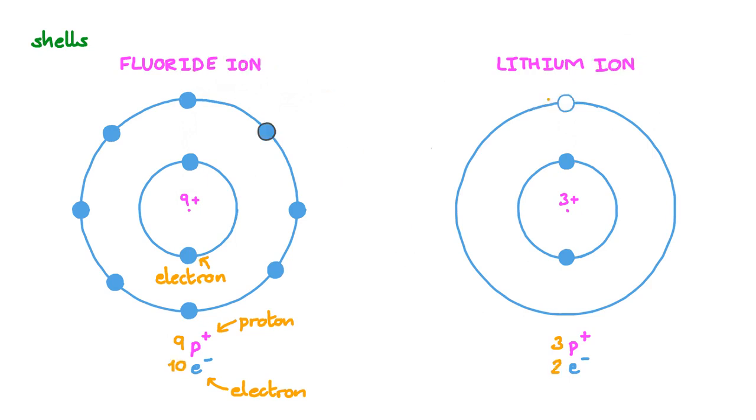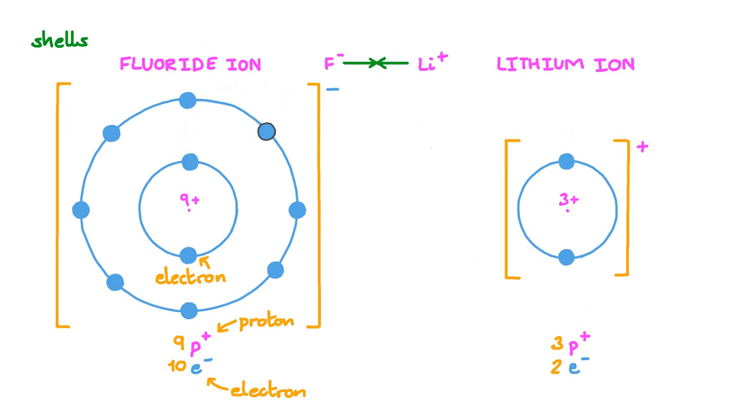The most stable configuration happens when the electron hops over from the lithium to the fluorine, forming F- and Li+. F- is generally known as fluoride. The F- and Li+ ions then attract each other through electrostatic forces, forming LiF or lithium fluoride.